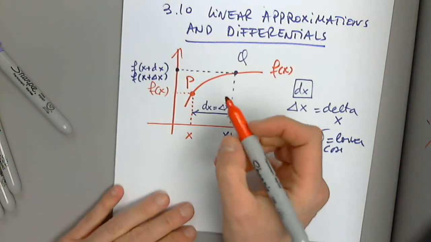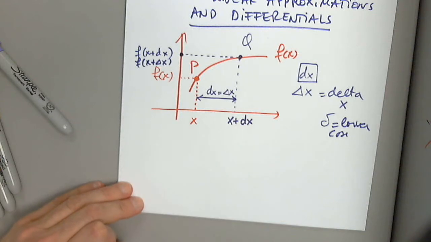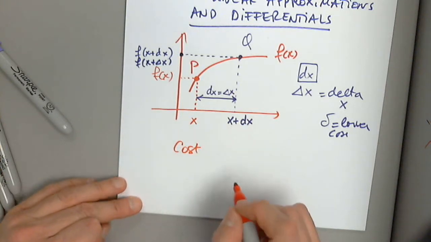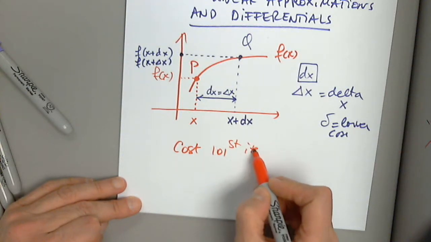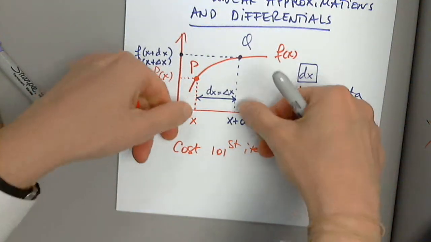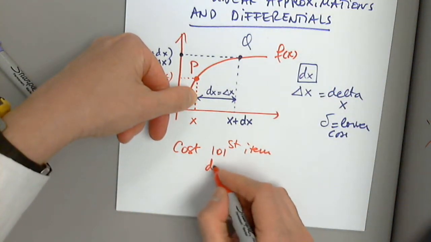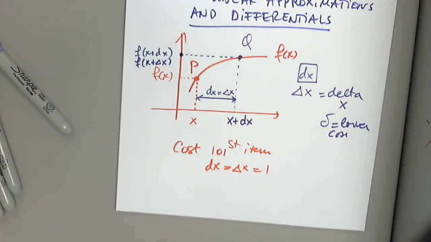So if you remember, I'm going back to that problem with the cost. We want to find the cost of producing the 101st item, right? So this is like dx or delta x. So dx or delta x is the change in x. I no longer want to produce 100 units, but I want to produce 101.